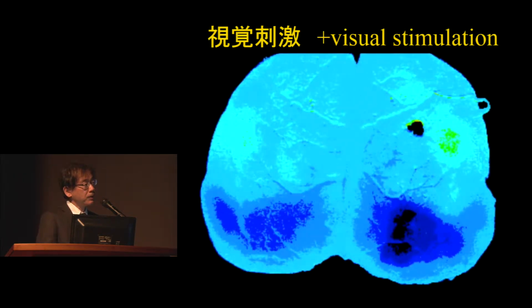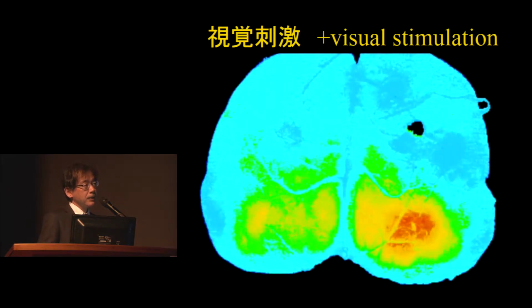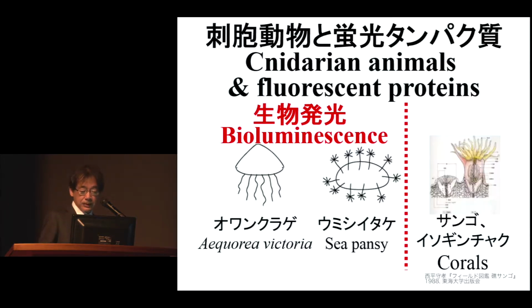So I told you about GFP, and its mutants. And not only the jellyfish, but some other cnidarian animals, especially corals, can produce quite similar fluorescent proteins. Okay. So I'm focusing on corals. Okay.